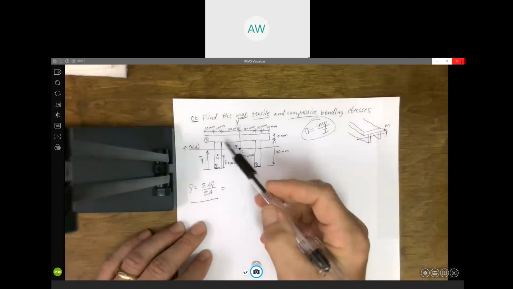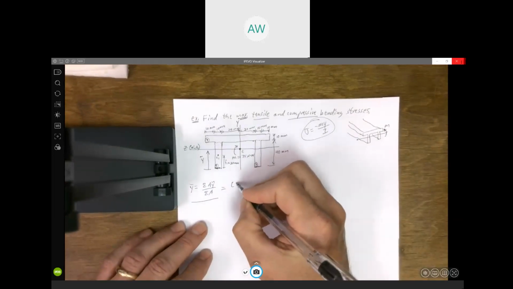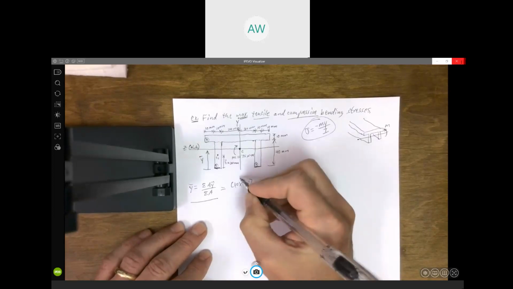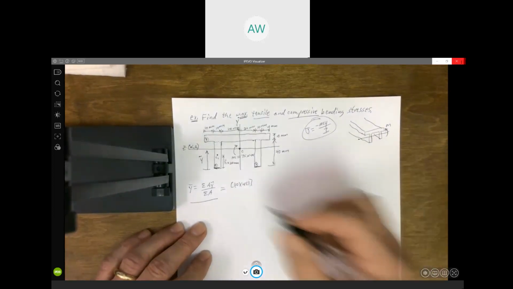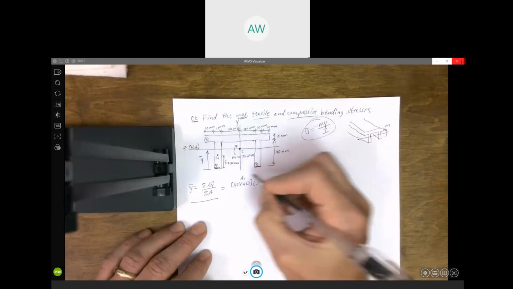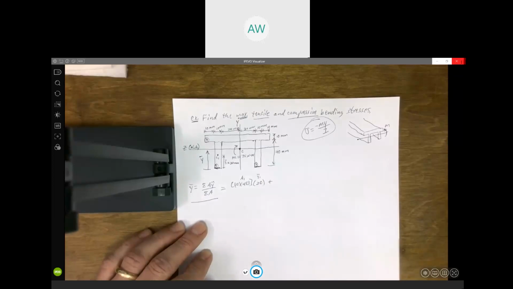The area, again, it's a rectangle, 10 by 40. That would be the area, A1. And then y tilde 1 would be 20. This is just A1 times y tilde 1. And we just do that for all 3 rectangles.